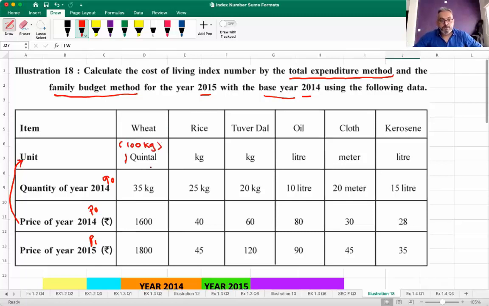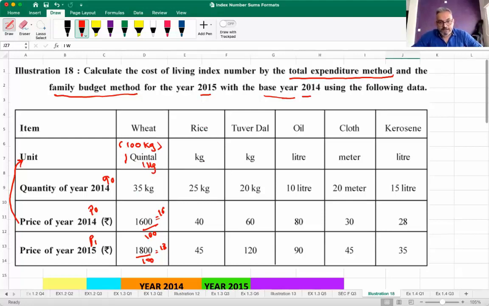But you are consuming only 35 kg. So you have to now convert either kg to quintal or quintal to kg and accordingly change the prices. So what we will do? Change the prices, divide by 100, which is 16, and divide by 100, which is 18. So for wheat we will take 1 kg, 35 kg, 16 rupees and 18 rupees.